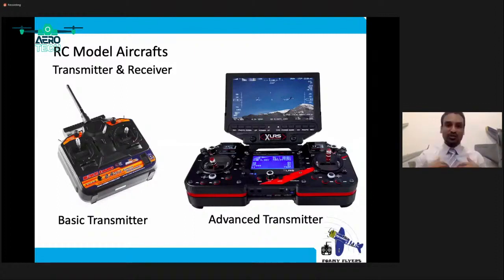You need to know that because you're flying the aircraft, it has to be flown within line of sight. Although the manufacturers would say this will work up to about 7 kilometers, the normal regulation is that you are not allowed to fly 7 kilometers away from you. You need to have line of sight of that particular aircraft.